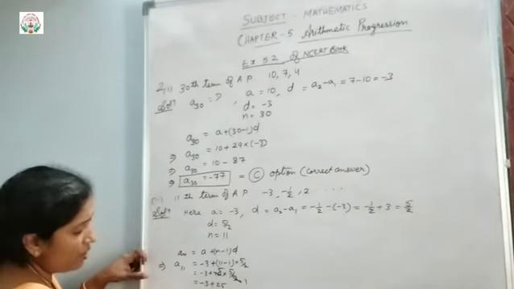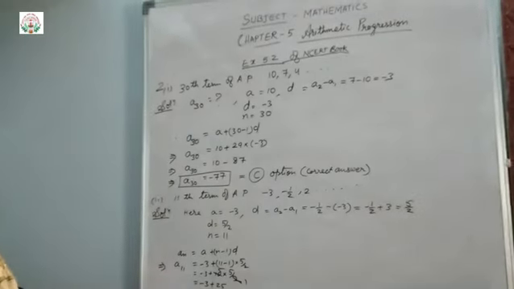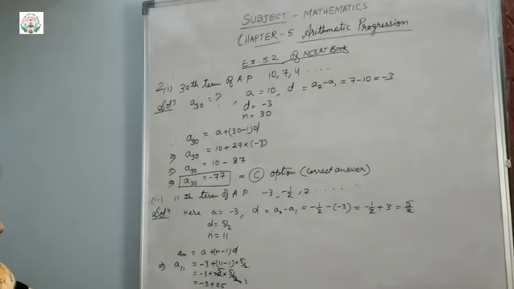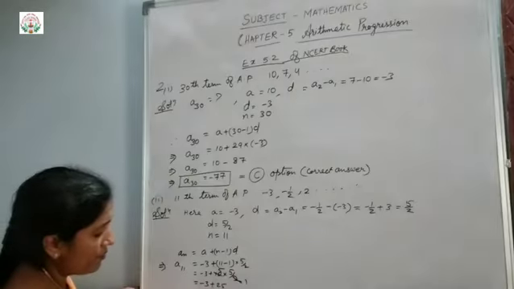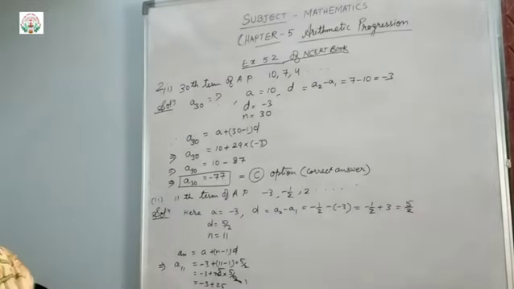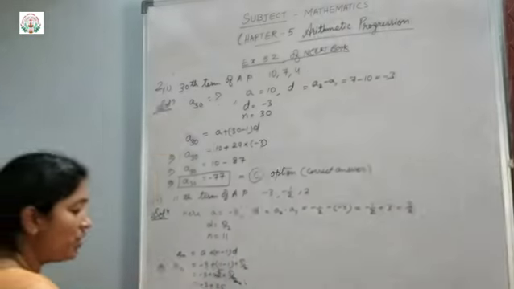So check in your options. Which option is the correct one? The first option is given as 28, so that is not the correct answer. The second option is 22, the third option is minus 38, and the fourth option is minus 48 1 upon 2.